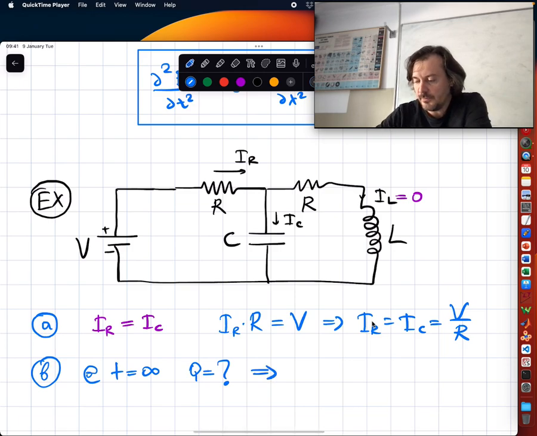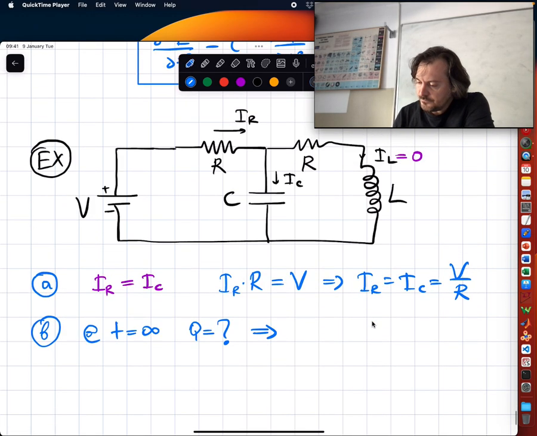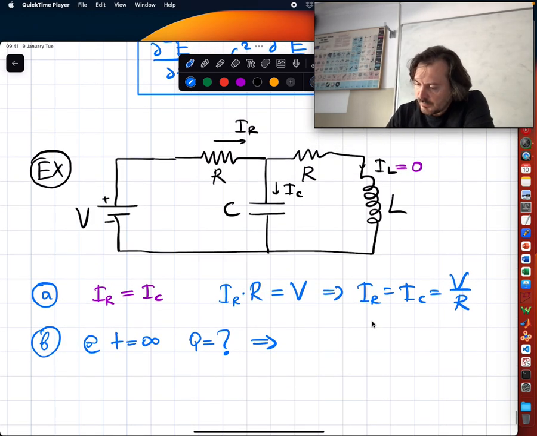So how would you solve this? There is no current through the capacitor. Mm-hmm. So IR equals IL, and it's equal to V divided by 2R. Very good. So this time, let me just copy this.